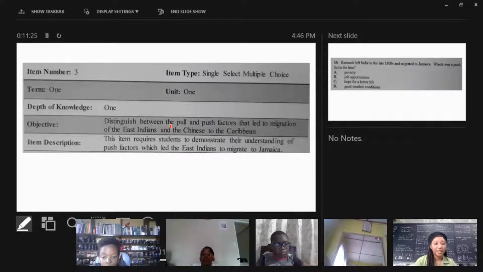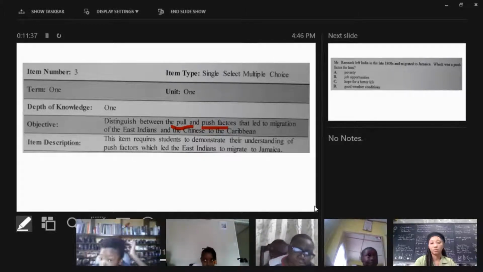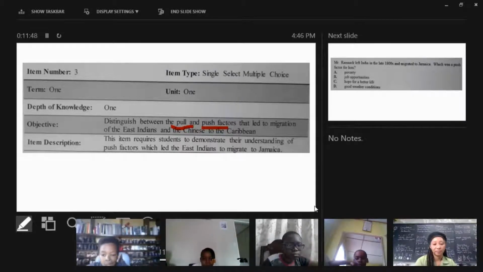So, can someone describe what is a push factor and a pull factor, first of all? Who knows what's a push factor and a pull factor?